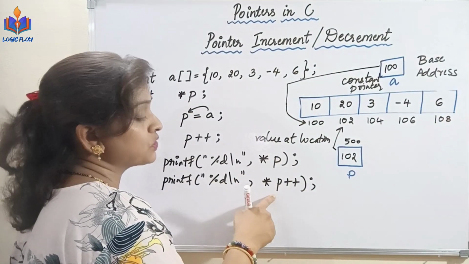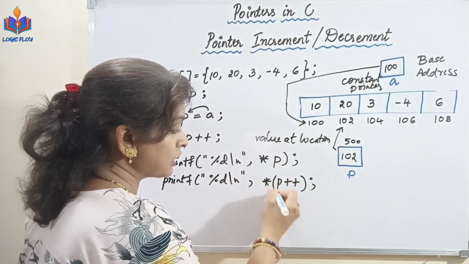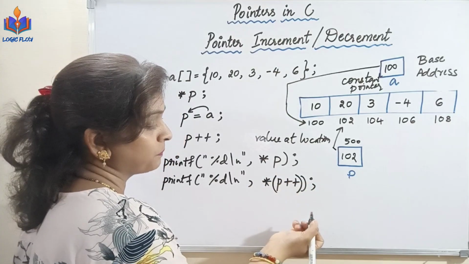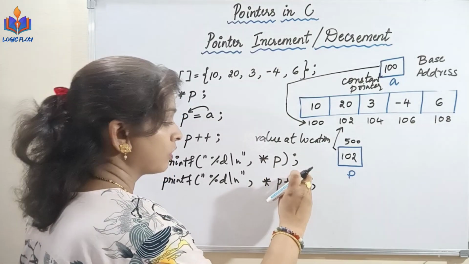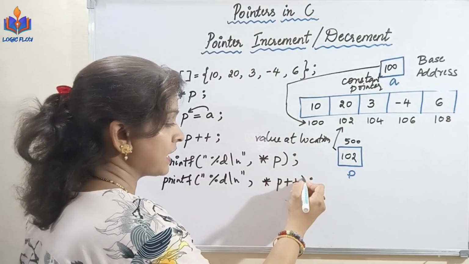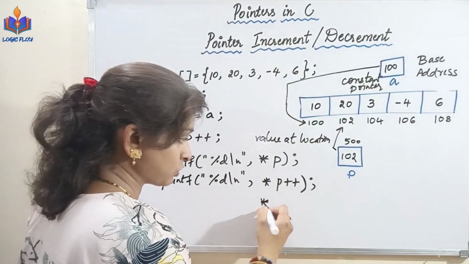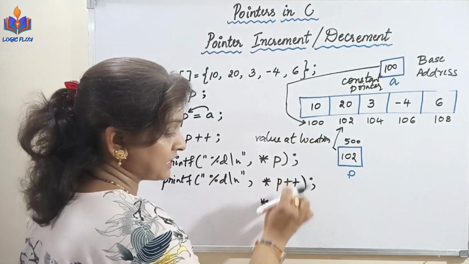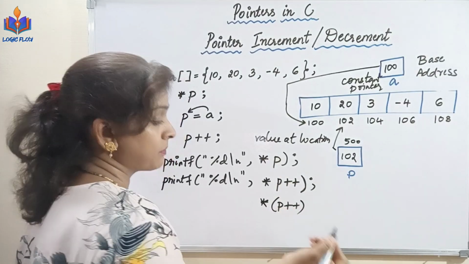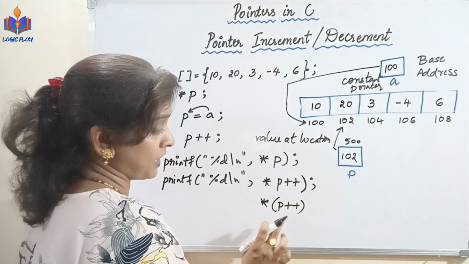If you write it in brackets also, well and good. If you don't put brackets also, no problem. You can write it like this also. Both are same. In some competitive examples, they may write it like this or like this. Both are one and the same.